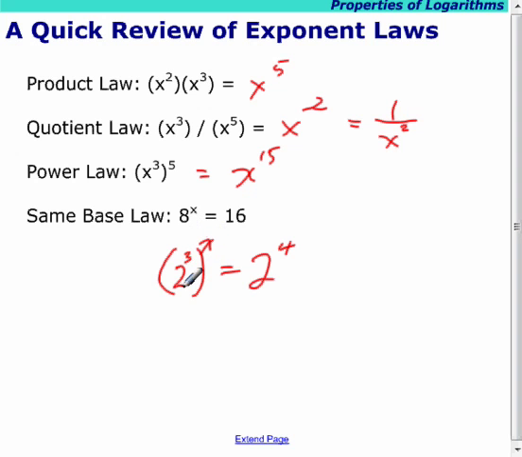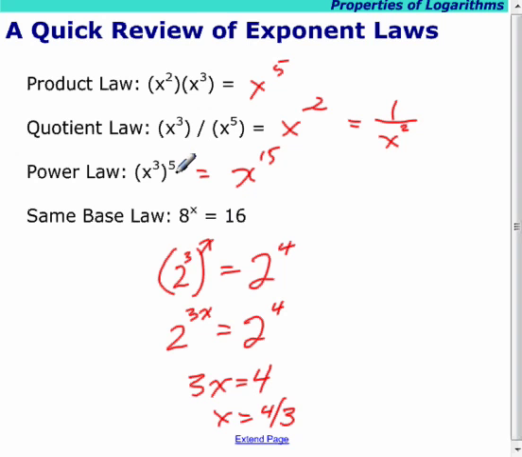And here I have a power law, and so I can write that as 2 to the 3x is equal to 2 to the fourth. Now I can use the same base law that says if the bases are the same, the exponents must be the same or must be equal. And then solve that equation, 4/3.